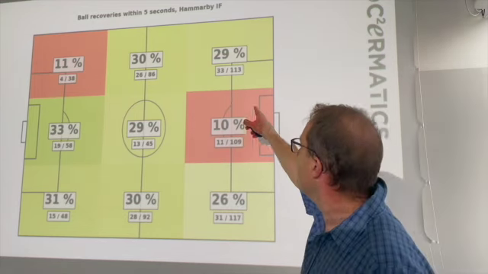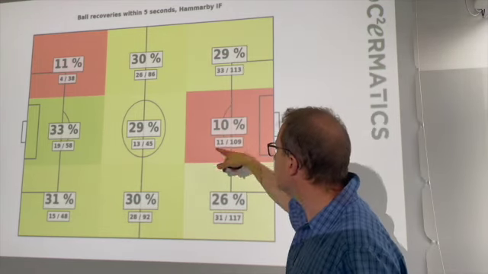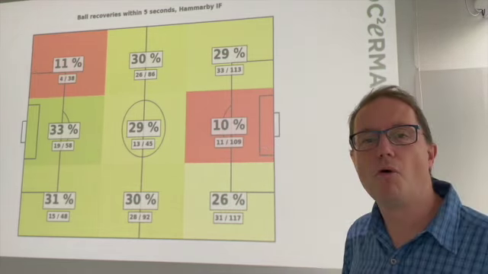This number is the proportion of time that we won the ball back within 5 seconds of losing it in each of these zones. And this 10% is not good. Of course, you can't expect to win it back all the time. The top level for this KPI is about 20-25%, Manchester City, and maybe between those two levels. But 10% was not what we wanted.